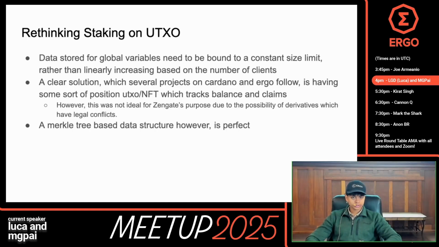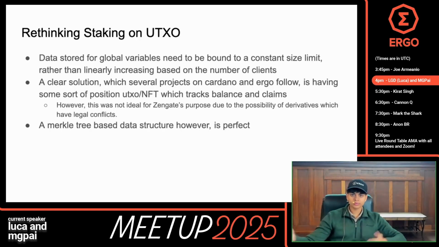However, on ErgoScript, you have an AVL tree as a native data structure within the language. So basically you can trust the data structure on Ergo more, because the core team, Kushti, made the implementation in the compiler itself, right? So it's not third-party code that you're trusting to be correct, which is the case on Cardano.